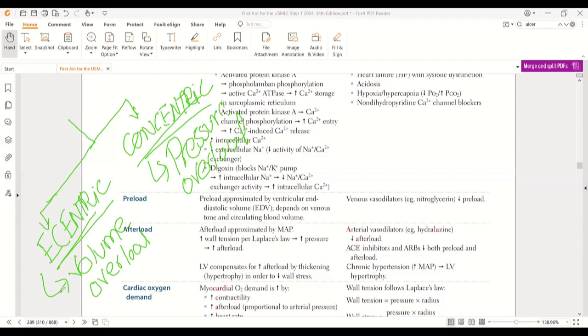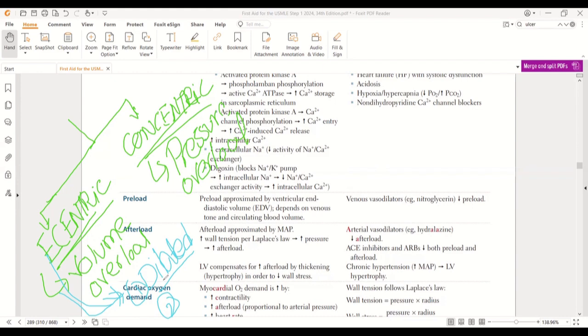Can anybody tell me the conditions of volume overload? Dilated cardiomyopathy. Anything else?